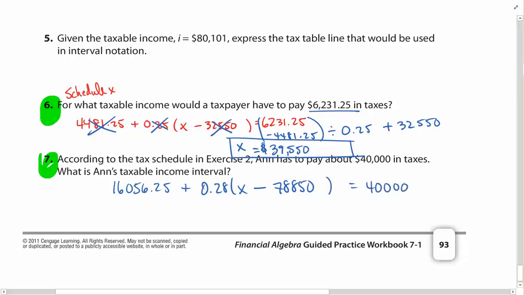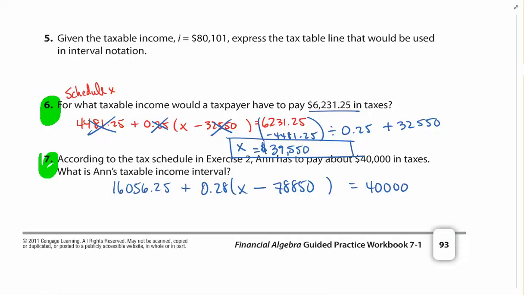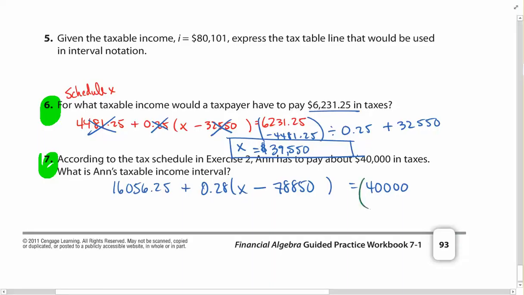In a very similar move relative to what we did in the last problem, what I'd like to do first is subtract $16,056.25. That'll eliminate this number from the left side of the equation. I will then divide by 0.28 to eliminate this value from the left side of the equation.